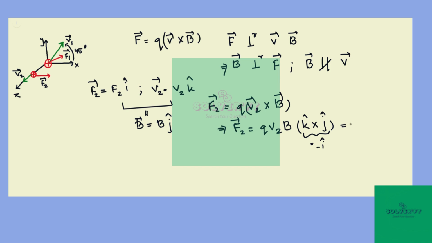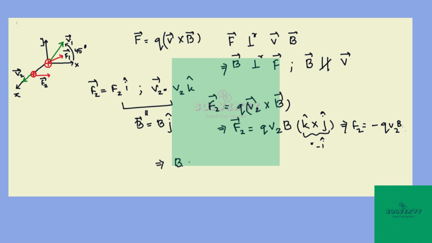This means that for F2, the magnitude is going to be negative of Q v2 B, because F2 is given to be in the positive x direction. So we include the negative sign with the magnitude of F2. This is B, which is in the y direction.